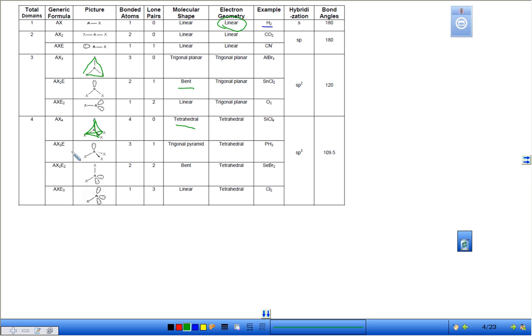An AX3E, that's our NH3, because we have an extra pair of electrons sitting on top of it. That pair of electrons pushes down the other three, so it can't be trigonal planar. And so what we get is this trigonal pyramidal shape. It actually kind of stands up on three legs.